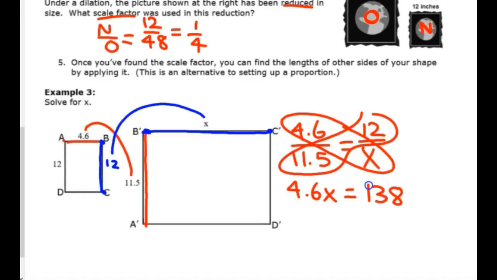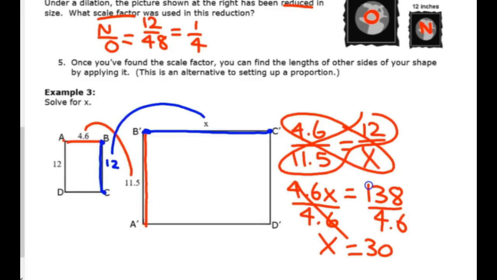So we set up our two fractions, and now our last step to get rid of the 4.6 is to divide by 4.6. What's 138 divided by 4.6? 30. All right. So our x value, our missing side, we get 30.